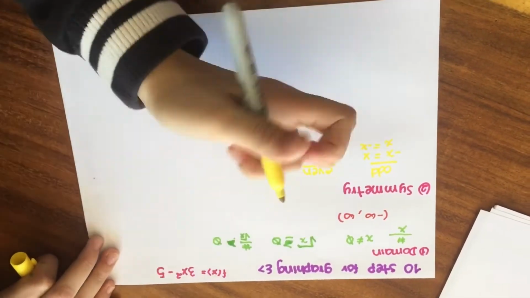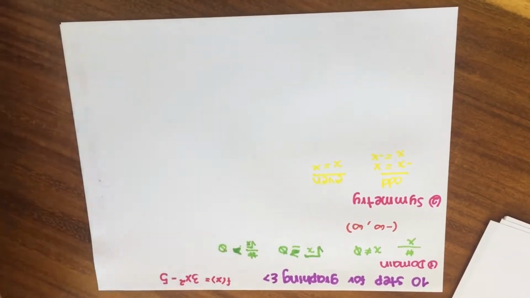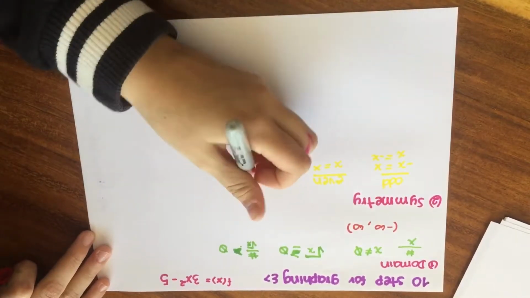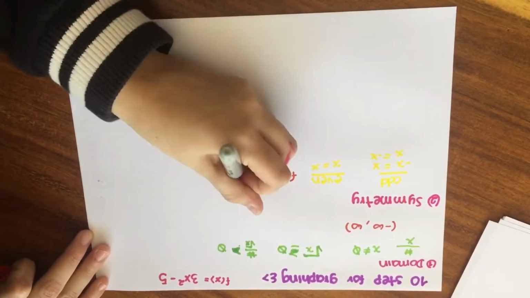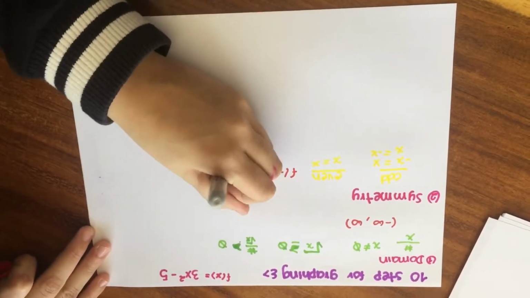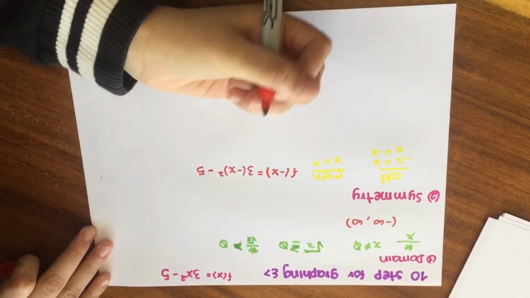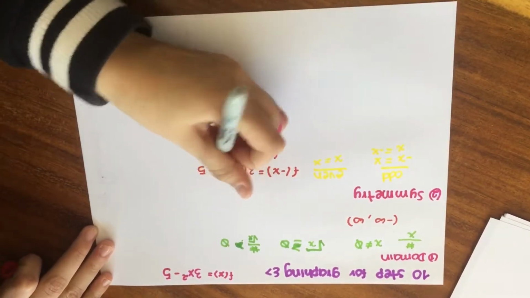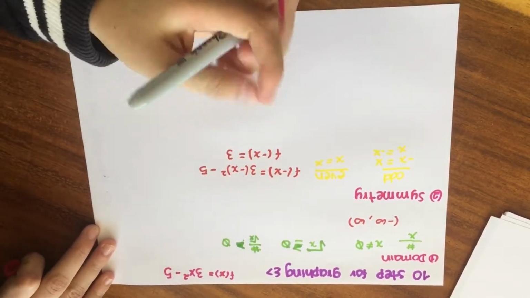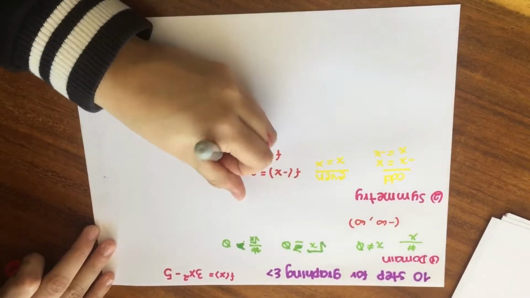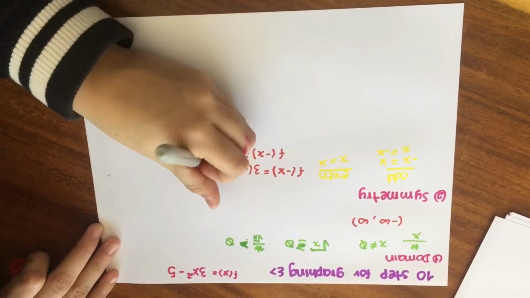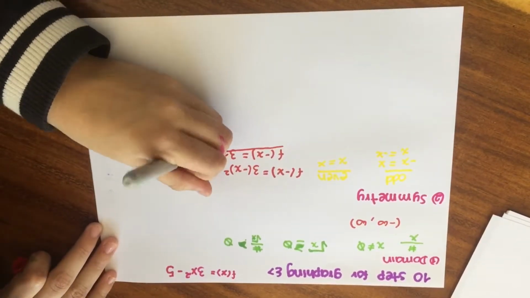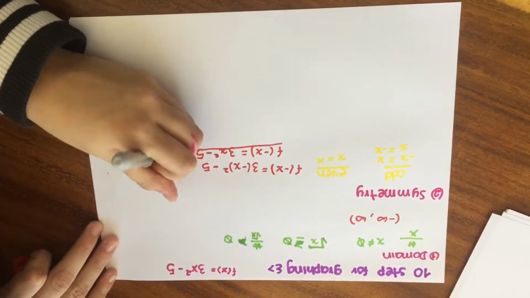So we will do it with this function. F of negative x is equal to 3 times negative x squared minus 5. So f of minus x is equal to 3x squared minus 5, because you elevate to the square, it will continue to be positive. So this has an even symmetry.